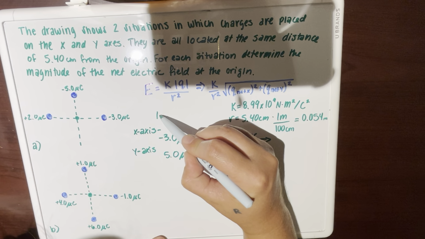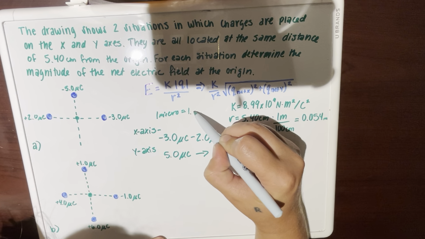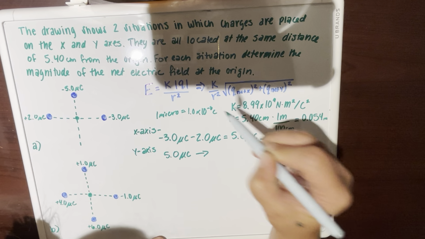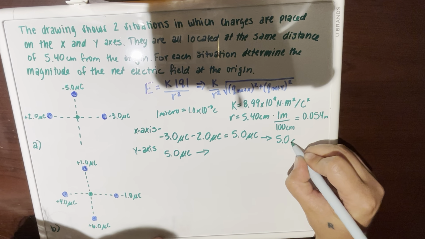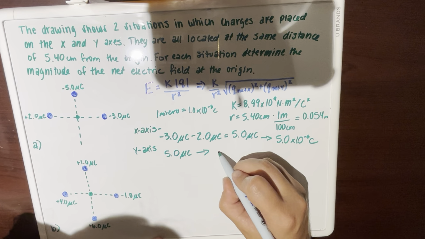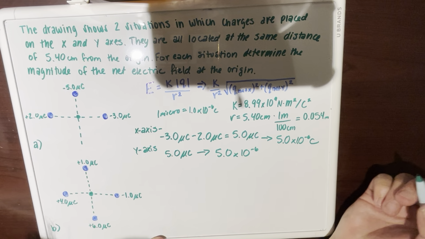And 1 micro is equal to 1.0 times 10 to the negative 6 coulombs. So we're going to get 5.0 times 10 to the negative 6 and 5.0 times 10 to the negative 6.